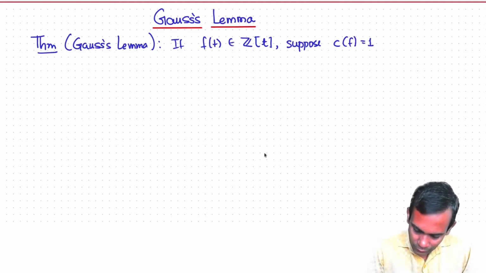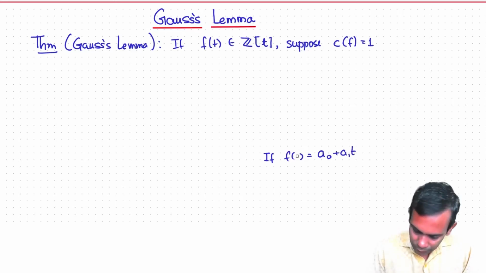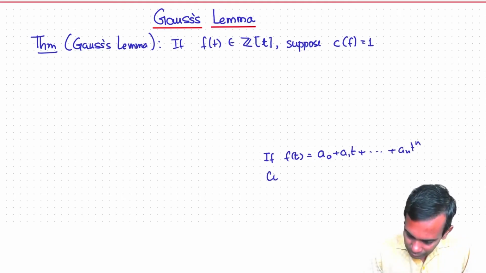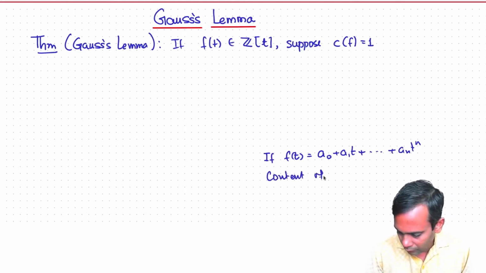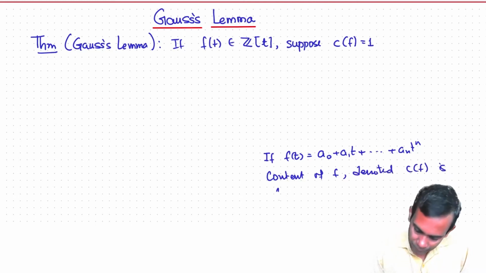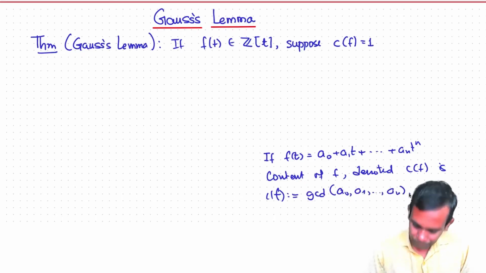So if we have a polynomial f(t) equals a0 plus a1 t, so polynomial in the variable t, plus an t to the n, then the content of f, denoted c(f), is defined by c(f) is just the GCD of the numbers a0, a1, ..., an.